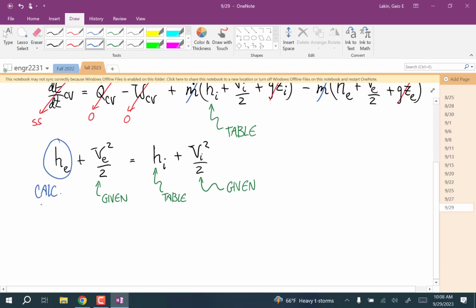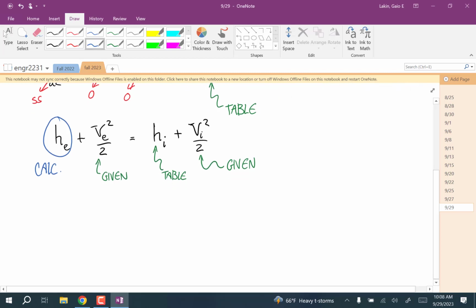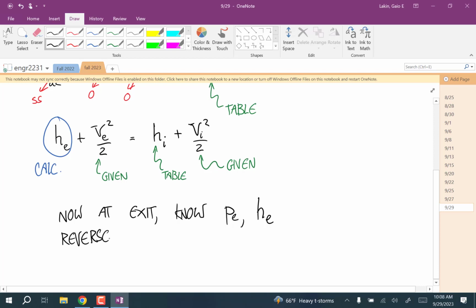And then once you know h, given that you know the pressure, you can do a reverse lookup on the temperature in the table. So now at the exit, you know the pressure and you know the specific enthalpy, and you can do a reverse lookup to see what the temperature is.